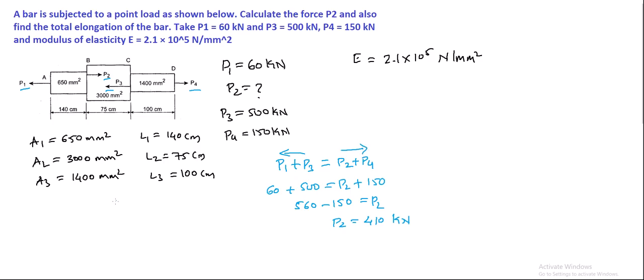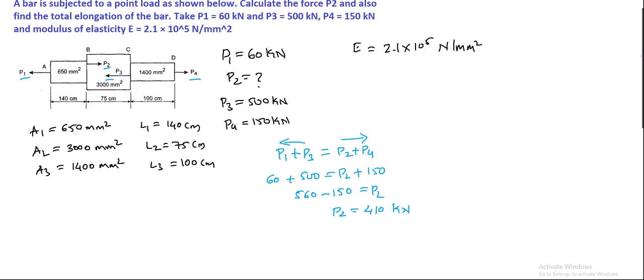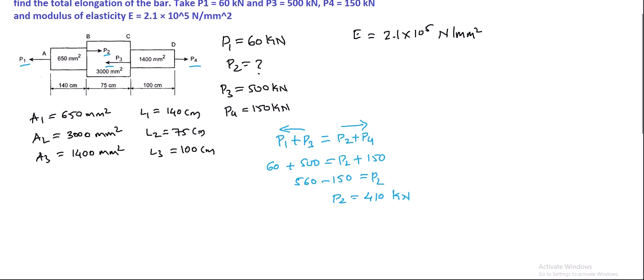Now our aim is to get the total elongation. To get the total elongation, we need to know how the forces are acting on each element, right? For the first element, element AB, the P1 force is acting in this direction.